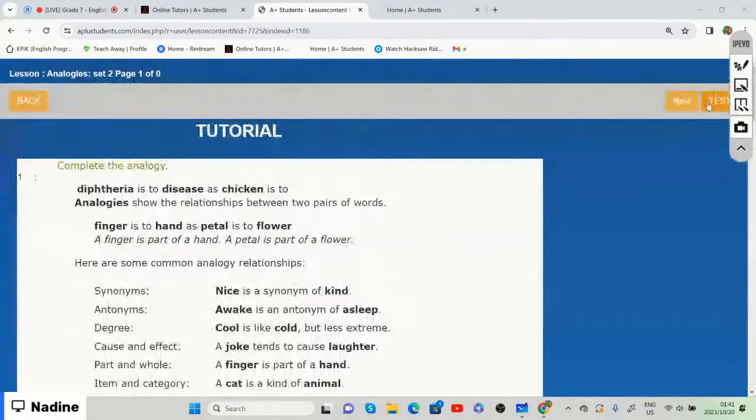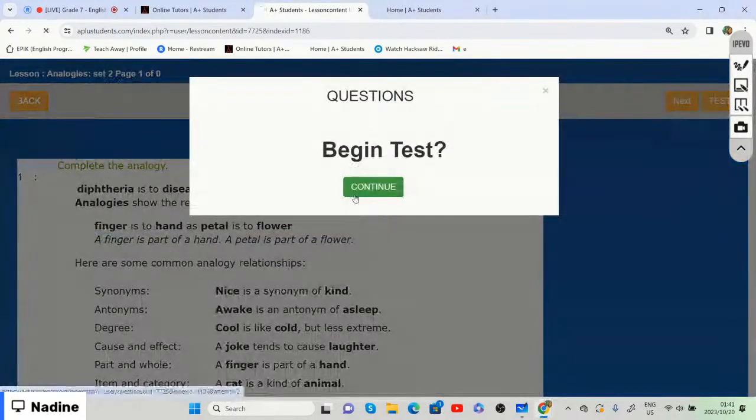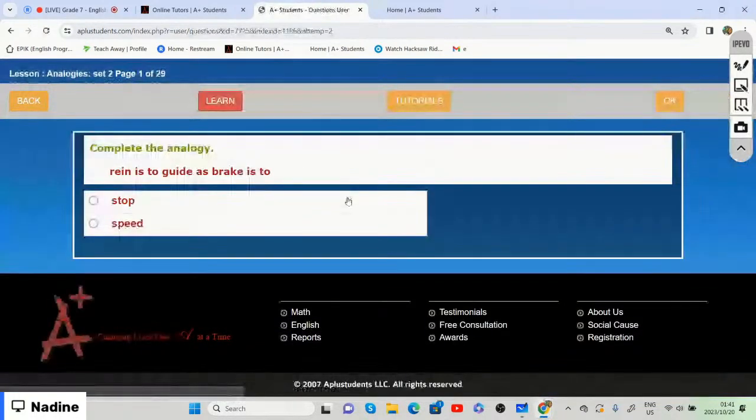All right, let's go to our test. If reins are to guide, then we said brakes are used to stop or it's used to speed. Reins are used to guide, then the brakes is used to stop or the brakes is used to speed.